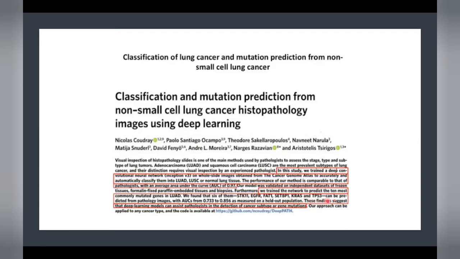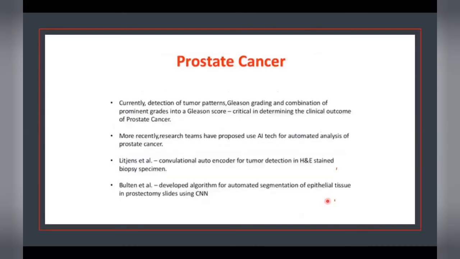He saw the patterns, and the machine could bring up the pattern and tell you that this pattern will have EGFR mutated, this will have KRAS mutated, this will have TP53 mutated, with an accuracy of 0.733 and 0.856, which is a very high accuracy without doing a molecular testing, just by looking into the patterns. So this is how deep it has gone at the moment.